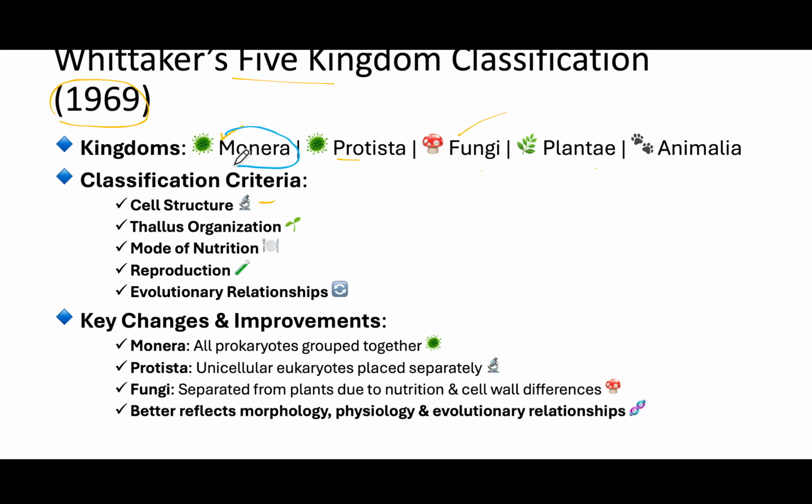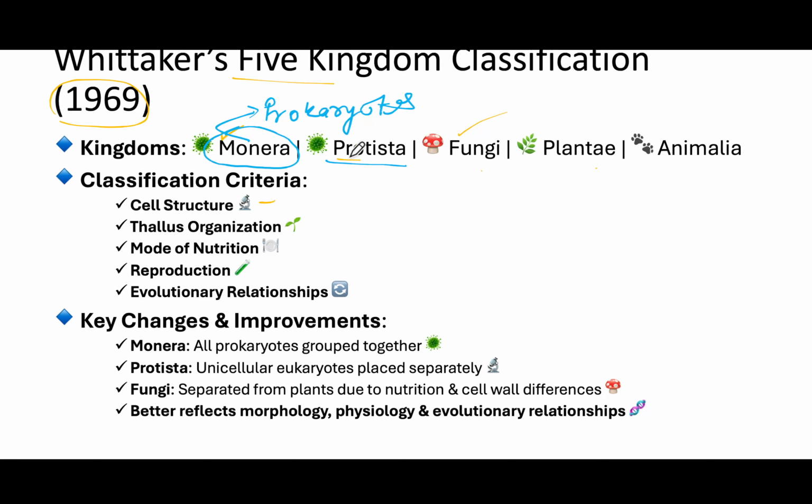Very simple answer: all prokaryotic organisms he grouped into kingdom Monera. So all prokaryotes. Simple. Next, Protista. Are they prokaryotic? No. One trick you need to remember, only one word: all prokaryotes belong to Monera. That's it.